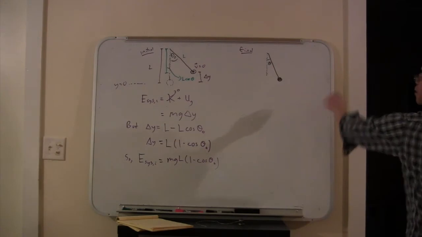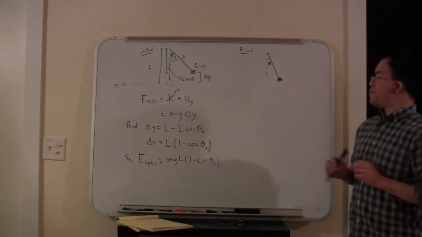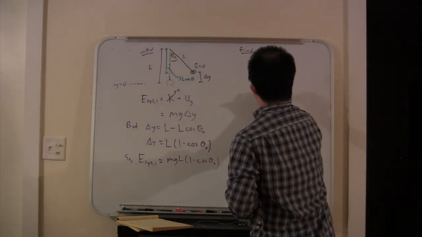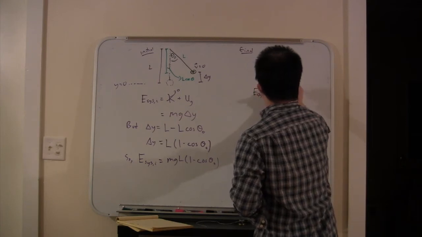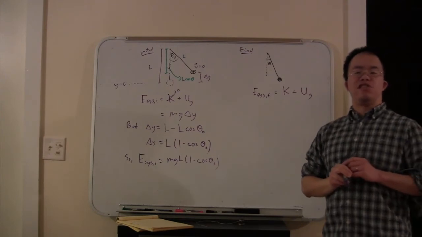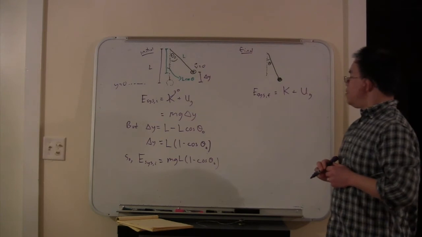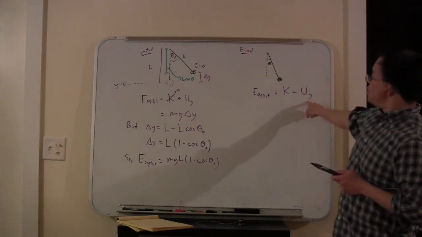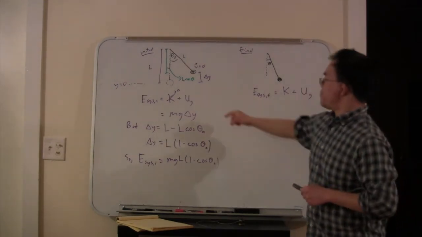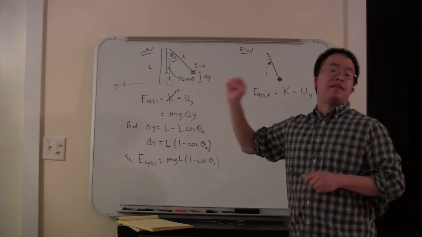Okay, so let's think now about the energy of the system in the final state. Now we have both kinetic and gravitational potential energies to worry about, and they're both non-zero. For the gravitational energy piece, we can basically do what we did over here. This argument holds for any valid value of theta.